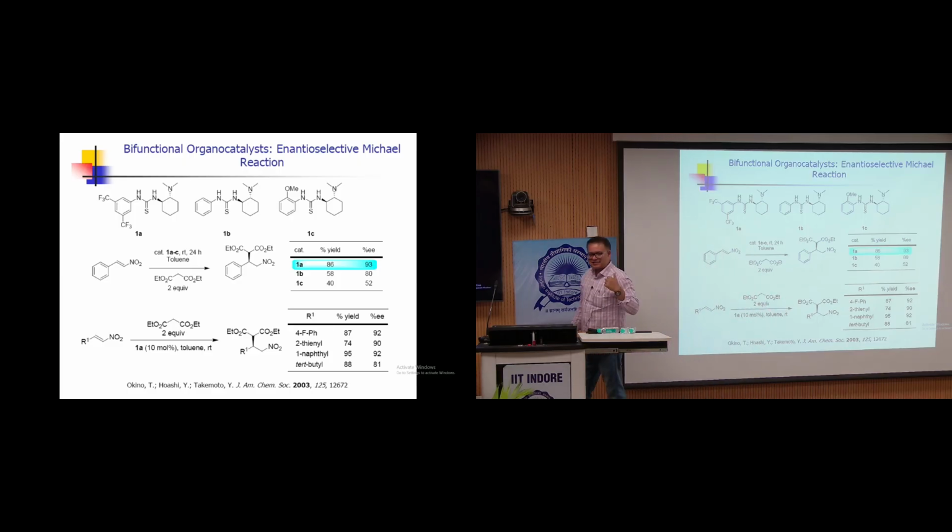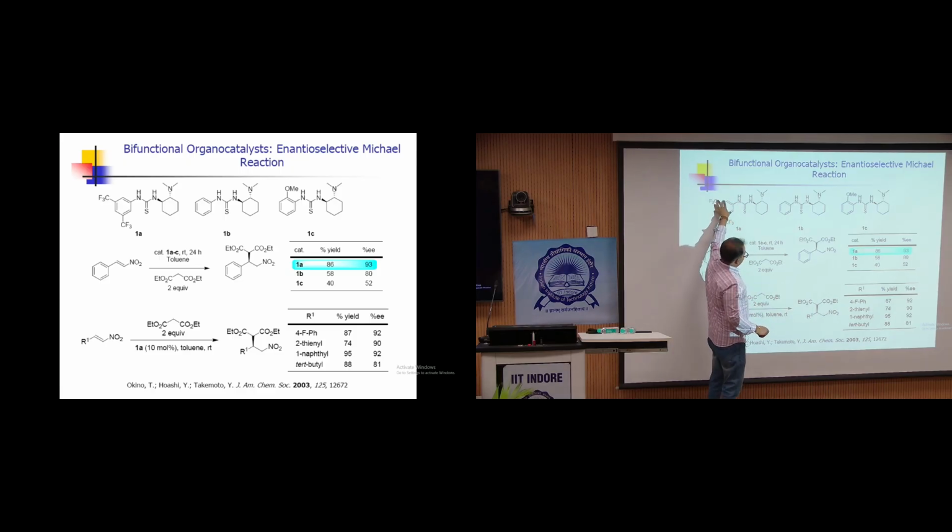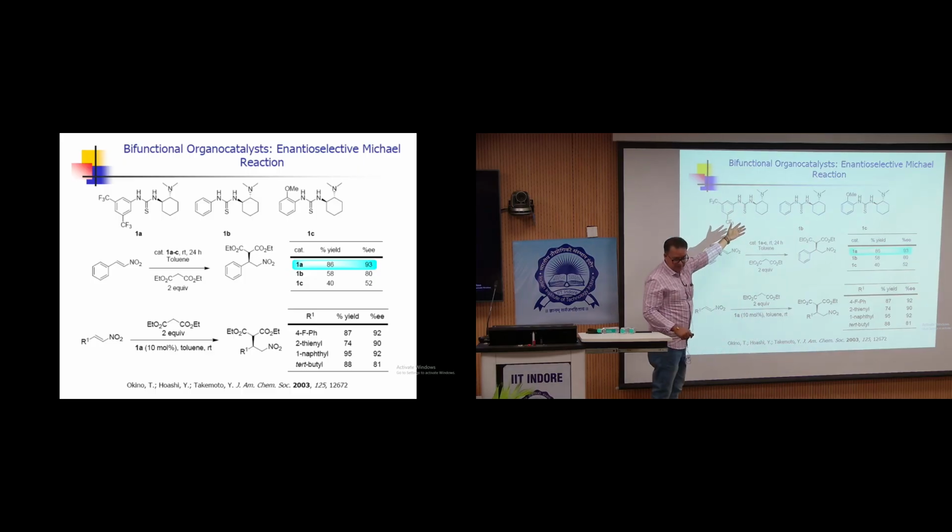And what he has done, he has just changed. So this is the thiourea backbone, NH2, CS, NH2. Now what he has done is replaced one hydrogen with one big group on one side, and on the other side he has added a chiral group so that they can start enantiomer induction based on the thiourea catalyst.